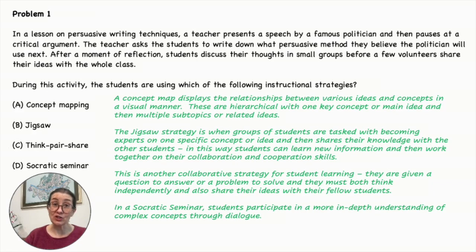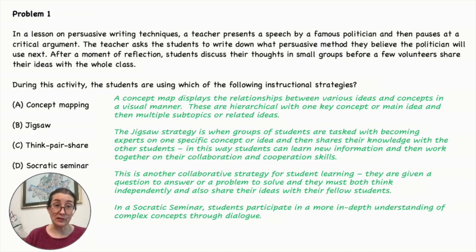After a moment of reflection, students discuss their thoughts in small groups before a few volunteers share their ideas with the whole class. During this activity, the students are using which of the following instructional strategies? Concept mapping, jigsaw, think, pair, share, or Socratic seminar.